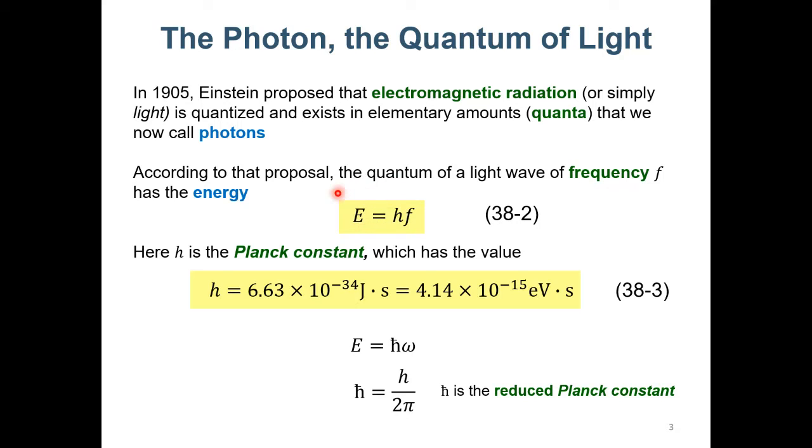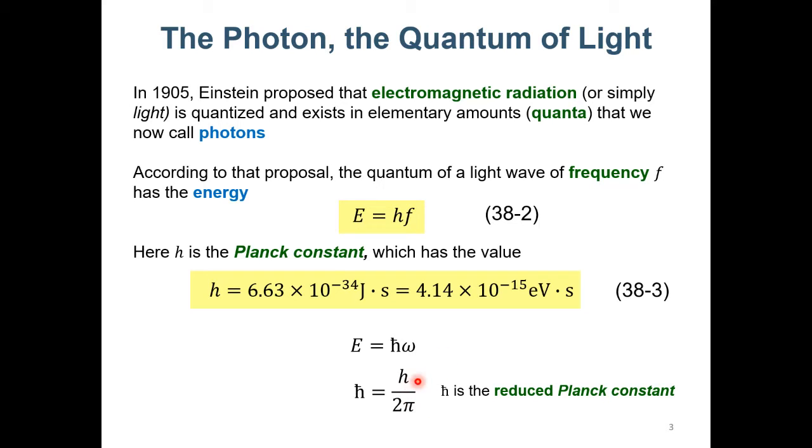And this equation tells you that the total energy of a photon is only related to the frequency. When the frequency is higher, the total energy in the photon is higher. And sometimes we will use this expression rather than E equals hf. h bar is the reduced Planck constant.